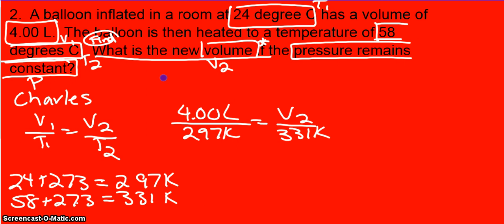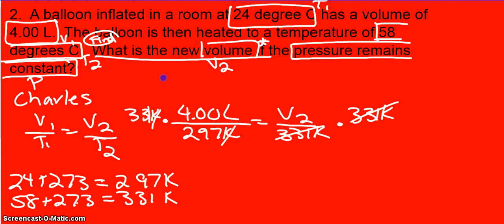Now in this case, we need to get V2 all by itself. I can either cross multiply or multiply both sides by 331. That's my favorite because it seems like a simpler step. Make sure that you guys are not being lazy in your work.